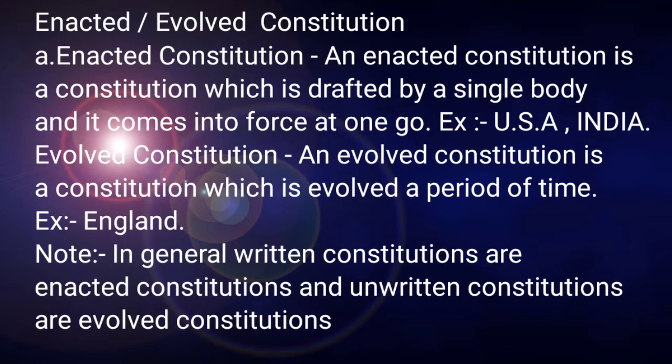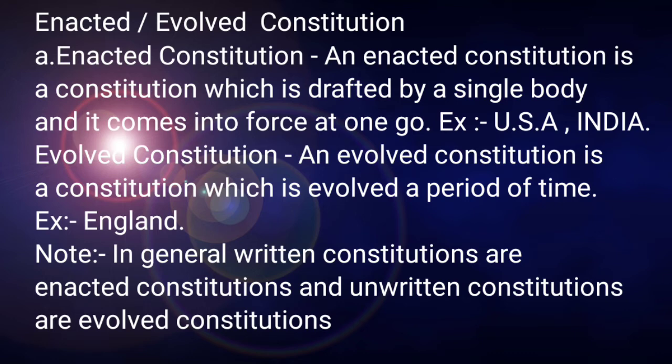Now understand enacted constitution. An enacted constitution is a constitution which is drafted by a single body and it comes into force at one go. Let's understand with an example. Indian constitution is an example for an enacted constitution.